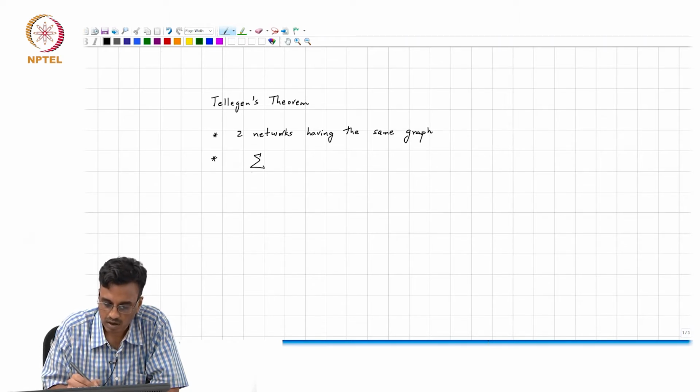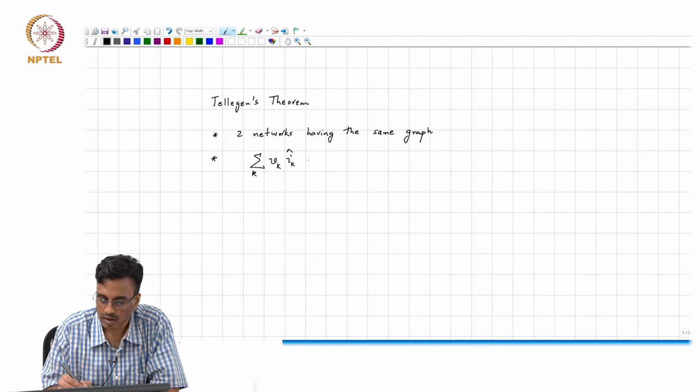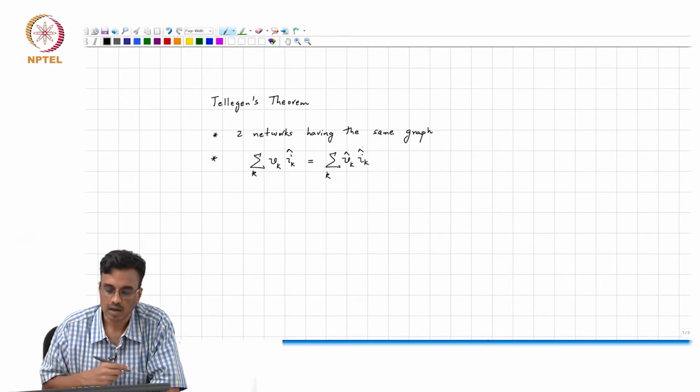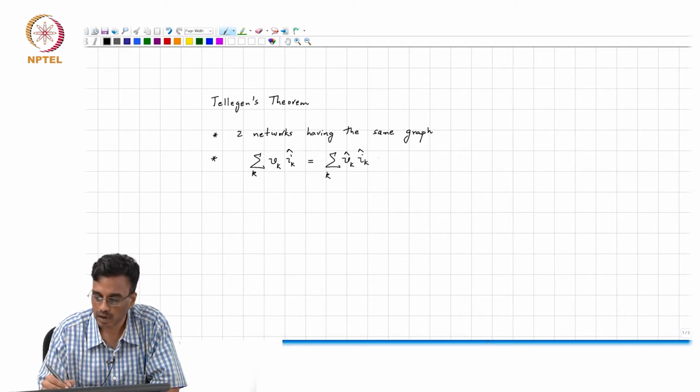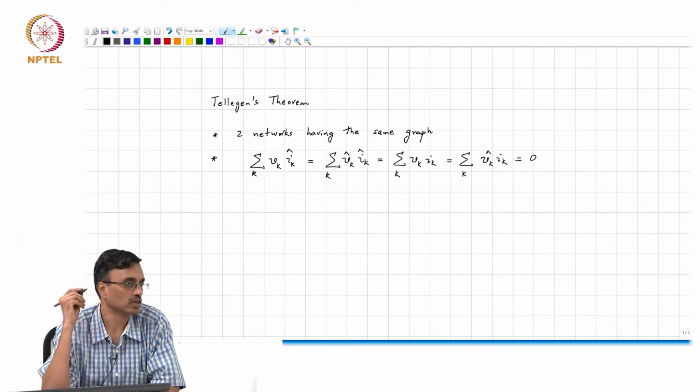It says that the sum over all the branches of Vk times Ik hat is the same as the sum over k of Vk hat times Ik, and must be equal to the sum of Vk times Ik, which is the same as Vk hat times Ik hat, all equal to 0.